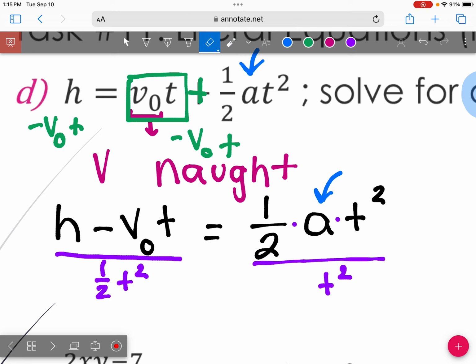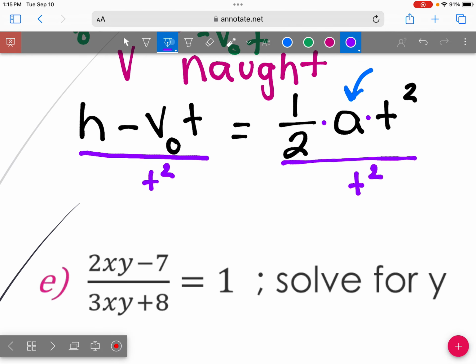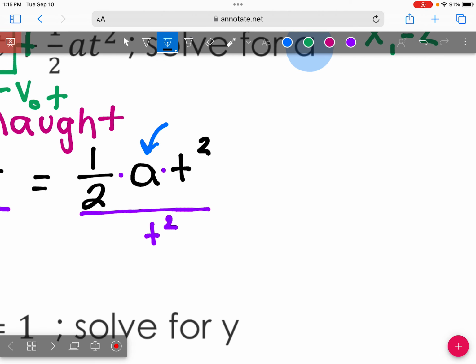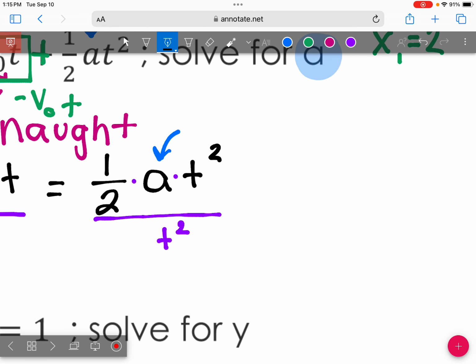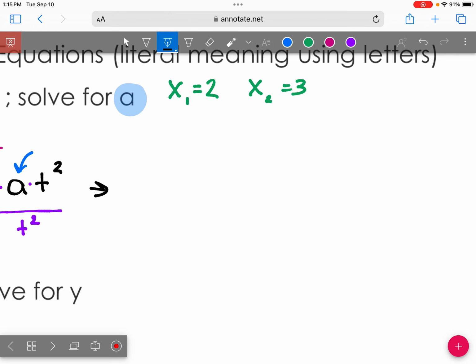So instead of dividing by the 1/2, I'm still going to divide by my T squared. I'm going to bring it to the right now, just because I'm running out of space. My H minus V naught T over T squared is 1/2 A. And we're almost there.